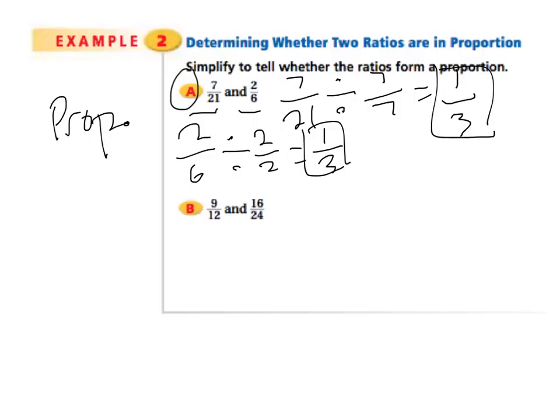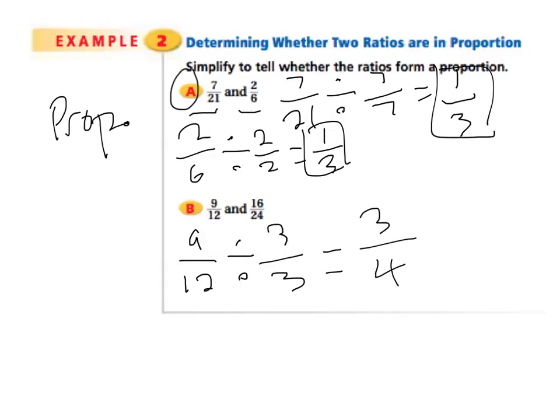Now the next one is 9/12 and 16/24. So I have to figure out what the simplest form of these two are. Well, I know for 9/12 I can divide by 3 over 3. 9 divided by 3 gets us 3, and 12 divided by 3 is 4. This is the simplest form. I can't simplify anymore. And then 16 over 24, there's multiple ways I can simplify this.